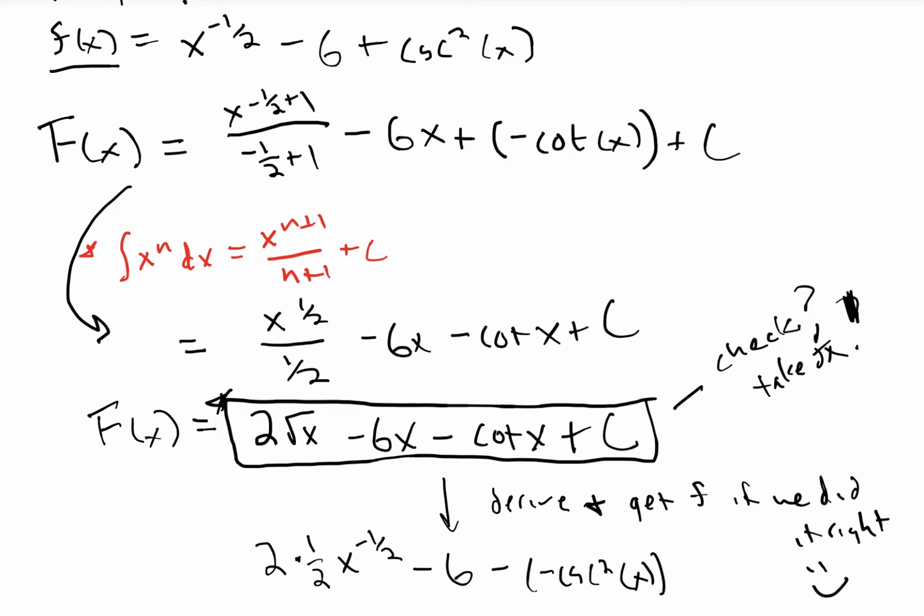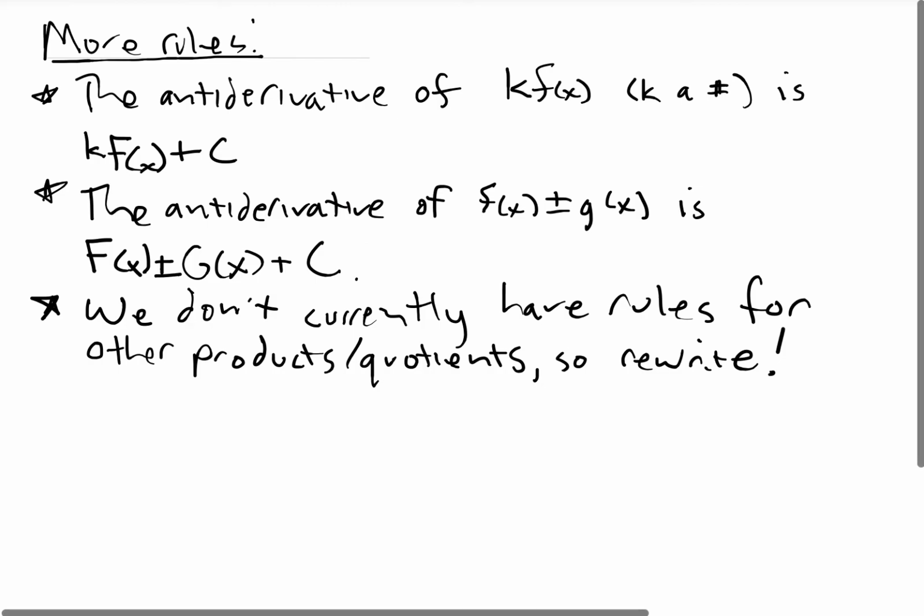Now, I don't want to be a downer, but here are some more rules for you guys. Some of these are actually ones that we've made use of on that last slide, because I was really heavily hoping that we understood our derivative sum and difference rules enough to be able to apply this readily in that last example.